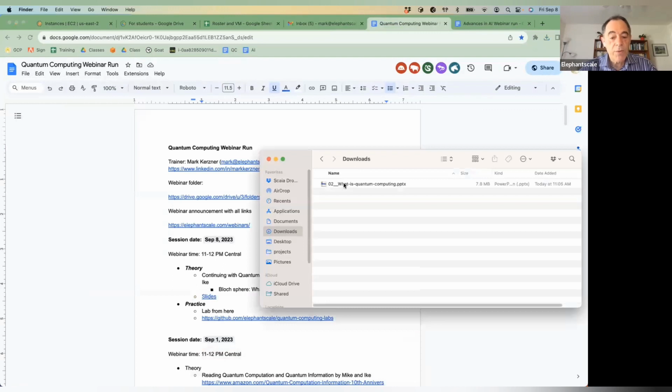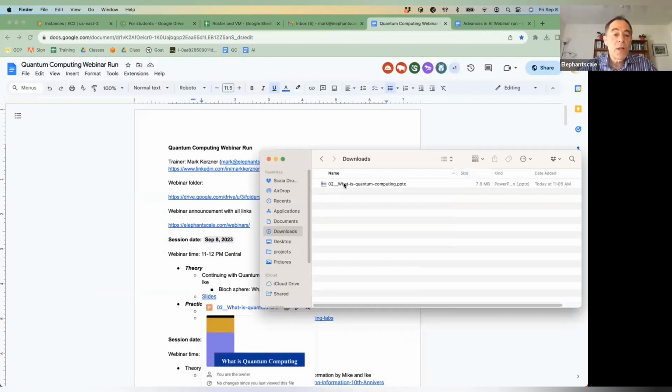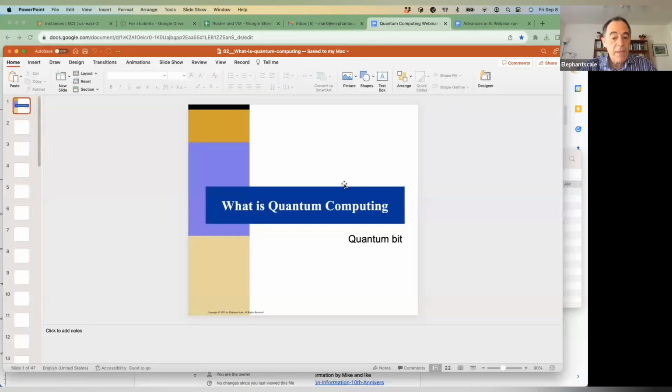Now download, good enough. Okay, now these slides, I updated them. So even if you have your old version, you will be doing good if you download and overwrite the previous one. And I added sectional qubits. But the whole slide deck is pretty good.